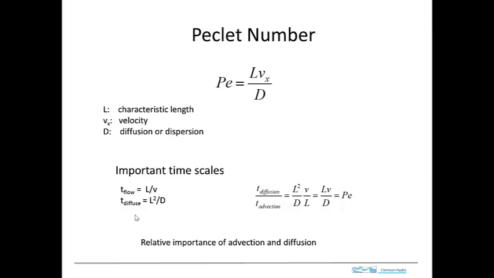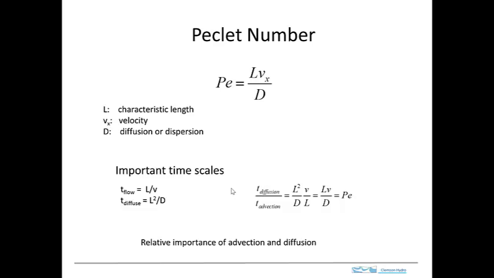So the characteristic rate for advection will be 1 over this characteristic time, and the characteristic rate for diffusion will be 1 over this quantity here. Okay, so now to build the Peclet number, we're going to take the characteristic rate for advection divided by the characteristic rate for diffusion. And we do that here.